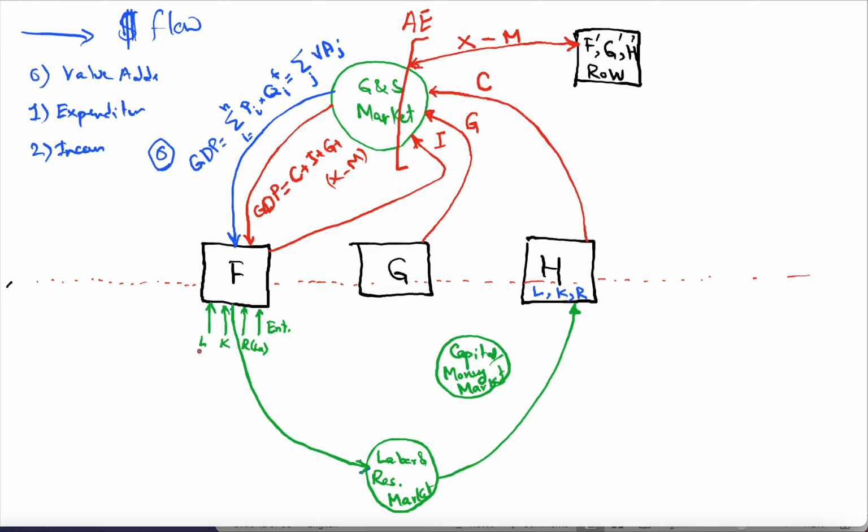The payment to the labor is the wages, the payment to the capital is interest, the payment to the resources or land is the rent, and the payment to the entrepreneurship is the leftover. They are selling and they pay the other resources, and they are the job creators or the owners or the managers, so they take the remainder, which is the profit.